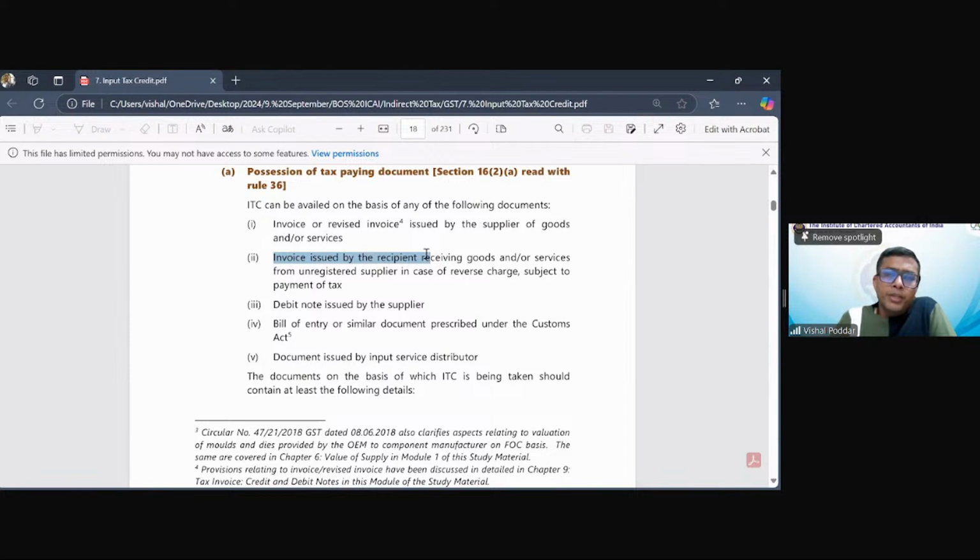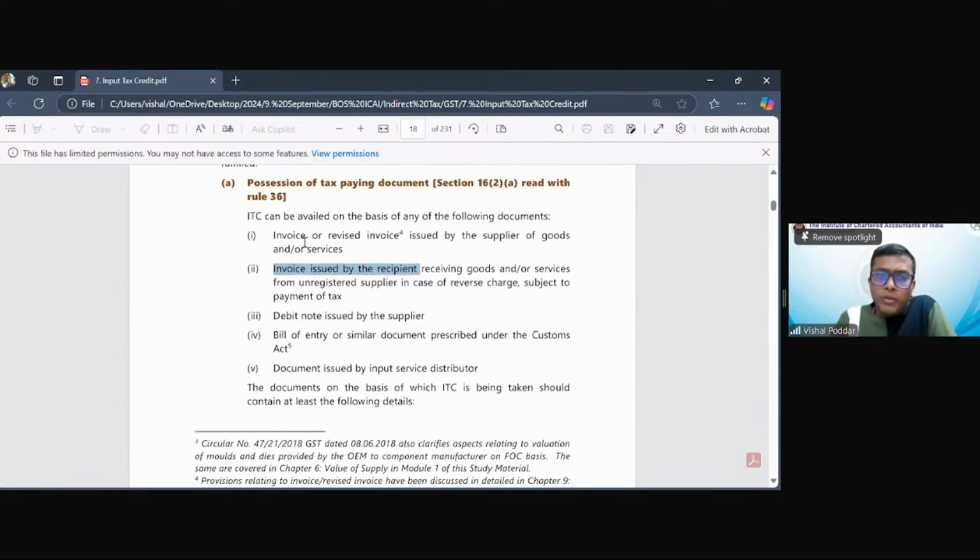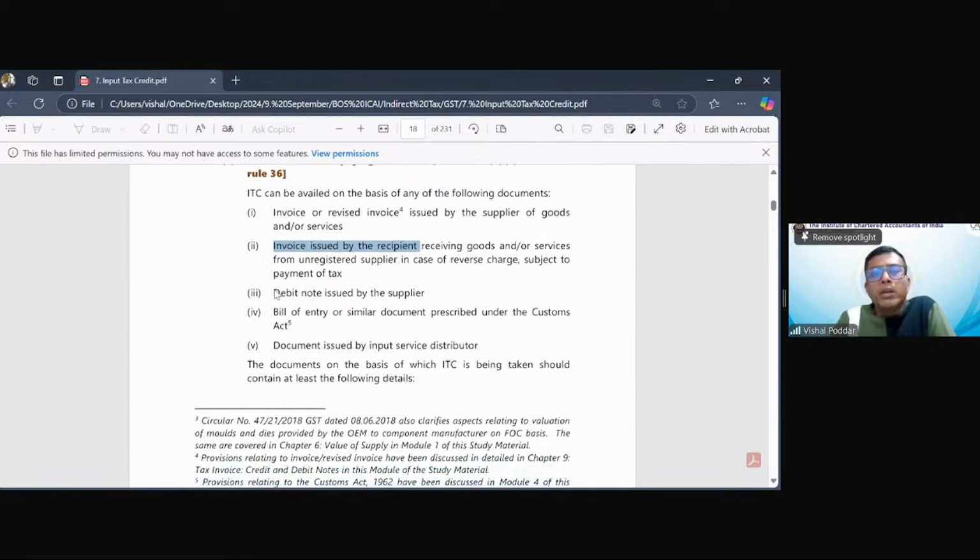So for RCM transactions, you have to prepare an invoice on yourself, because if your supplier is unregistered, he won't be giving you any invoice. So the first two are invoices. Third is the debit note. Where there is an original invoice, but there was some mistake because of which less tax was charged, and now the supplier wants to increase the amount of tax, he will give you a document called a debit note, which will increase the tax.